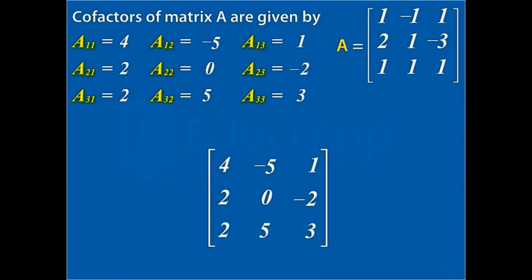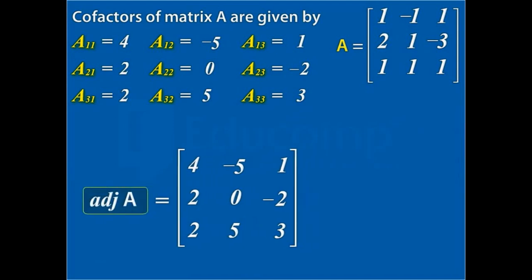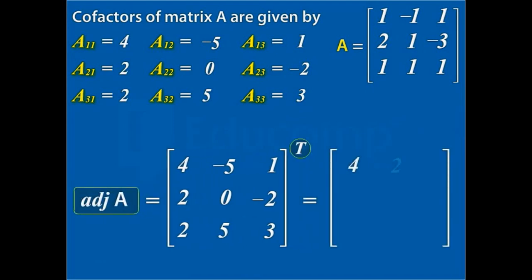We next calculate adjoint A, which is a matrix given by 4, 2, 2, minus 5, 0, 5, 1, minus 2 and 3.